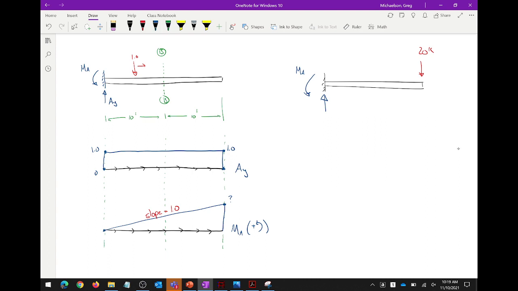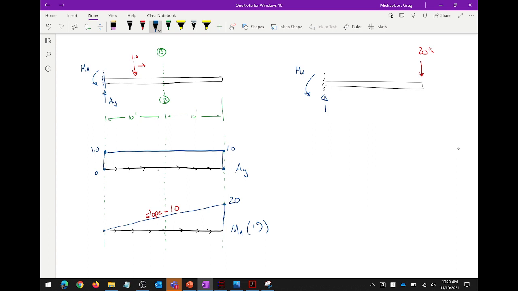Now, I ask you, if the slope of that line is 1, what's that value? 20. Now, does that make sense here?